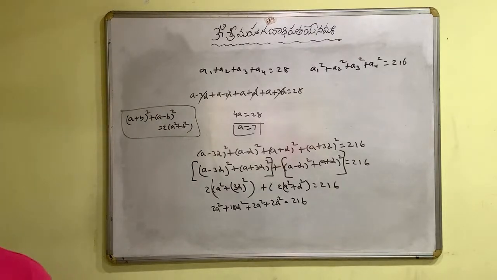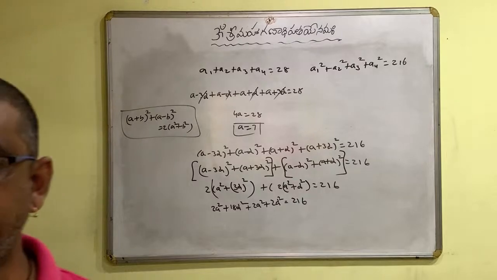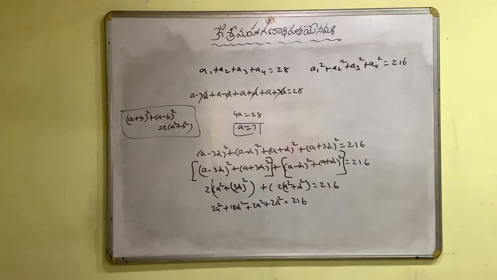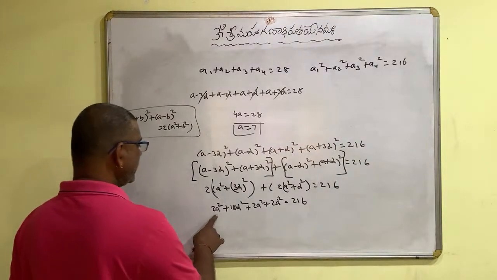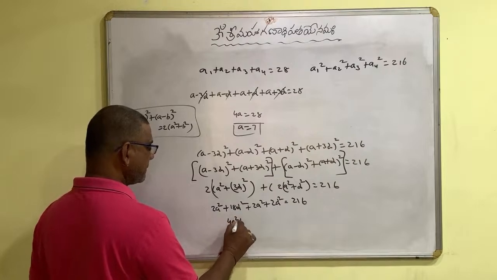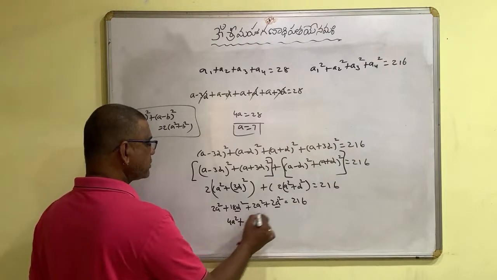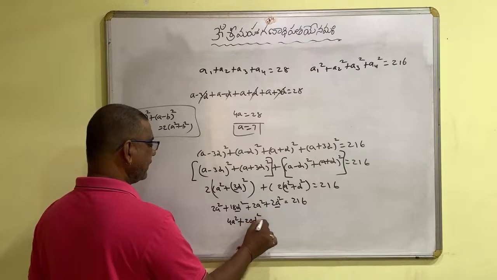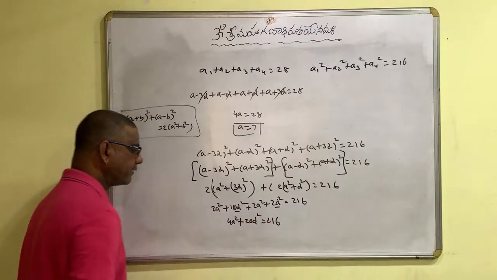Now 2a square plus 2a square, 4a square, 18d square plus 2d square, 20d square is equal to 216.